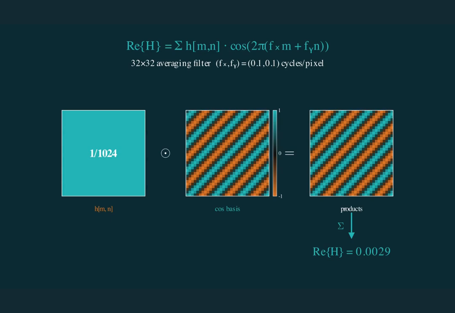As you increase the frequency, as in this case 0.1, 0.1, you're comparing to something that varies rapidly, and there is no similarity anymore. So the system is telling you that the image of the filter coefficients no longer really resembles the basis you're comparing it to, and responds with a very low value for the frequency response.